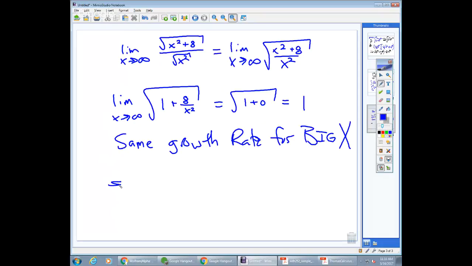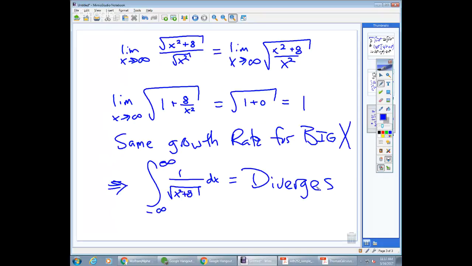So that implies that our integral from negative infinity to infinity of 1 over the square root of x squared plus 8 has to diverge. So that's what they meant by use a test. What do you think diverge means here? Because diverge can mean a couple of different things.